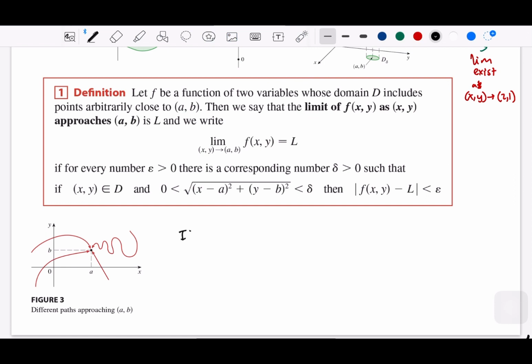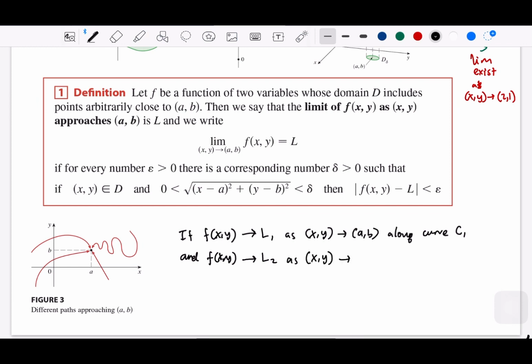So we say if f(x, y) approaching L1 as (x, y) approaching (a, b) along, let's say, curve C1, and f(x, y) approaching L2, another value, as (x, y) approaching (a, b) along another curve C2, where L1 is not equal to L2.